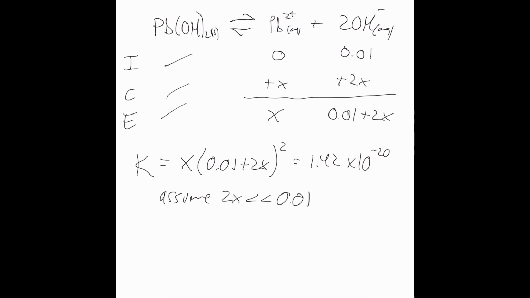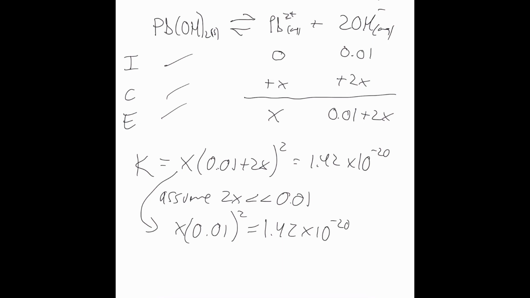We will check this assumption at the end. If it's not true, we're going to have to go back and square that whole thing and multiply it out. If we do that, it simplifies to x times 0.01 squared equals 1.42 times 10 to the minus 20.